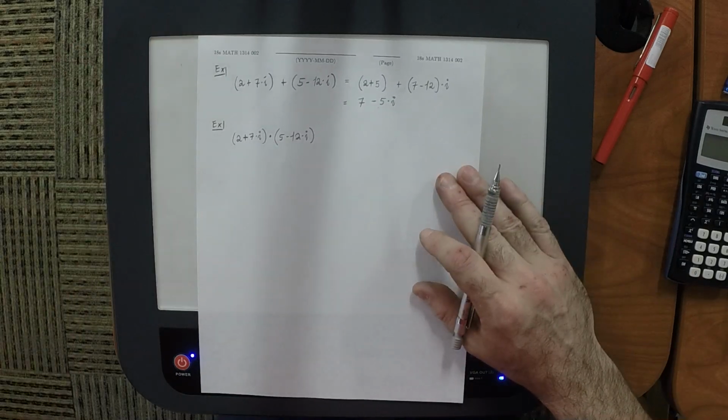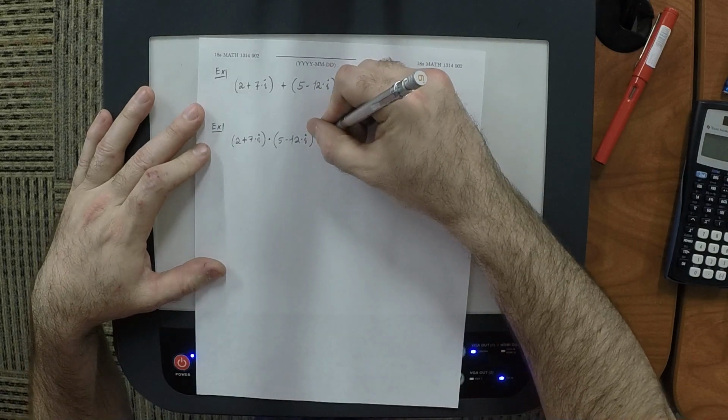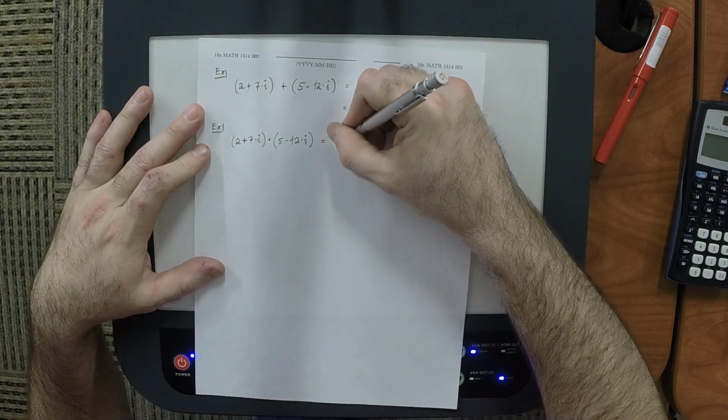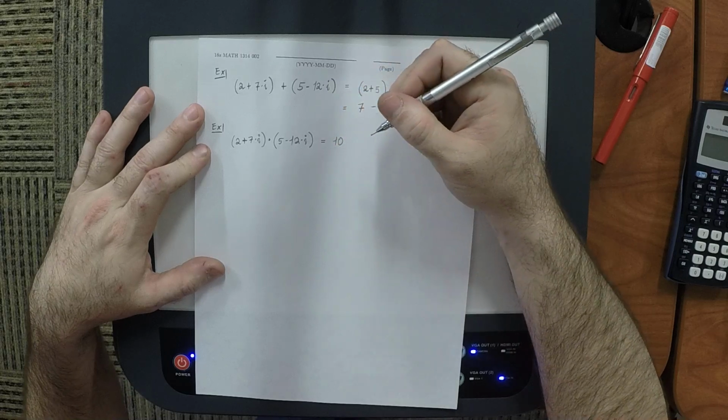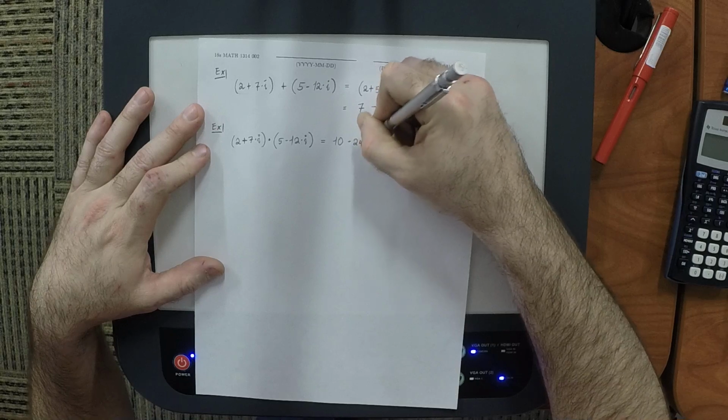We're going to proceed just exactly with FOIL. So the F term would be 10. The O term would be negative 24i.